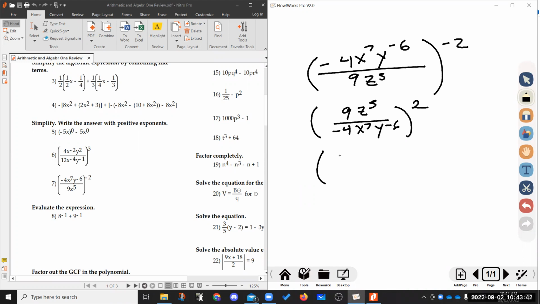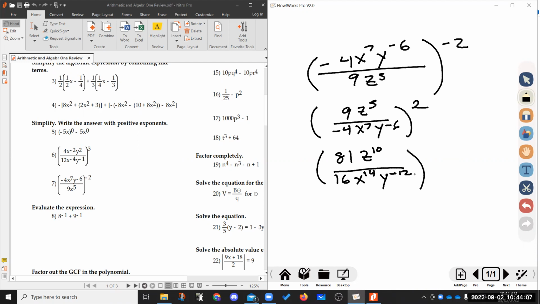So 9 squared is 81. Z to the 5th squared is z to the 5 times 2, which is 10. Negative 4 squared is 16. X to the 7 times 2 is going to be 14. Y to the negative 6 times 2 is negative 12.